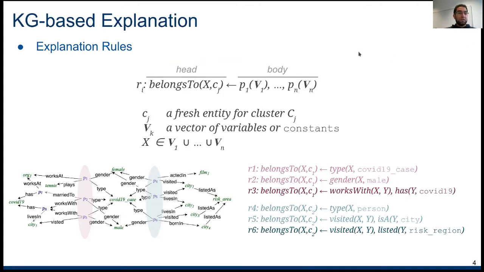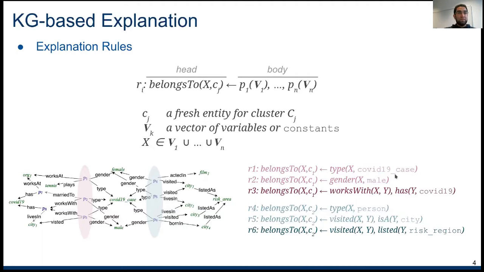For that, we model the cluster explanation as a Horn rule, with an auxiliary head relation belongs to, which represents that any entity substituting X belongs to cluster Cj, if the body holds by the facts in the knowledge graph. Let's see some examples.